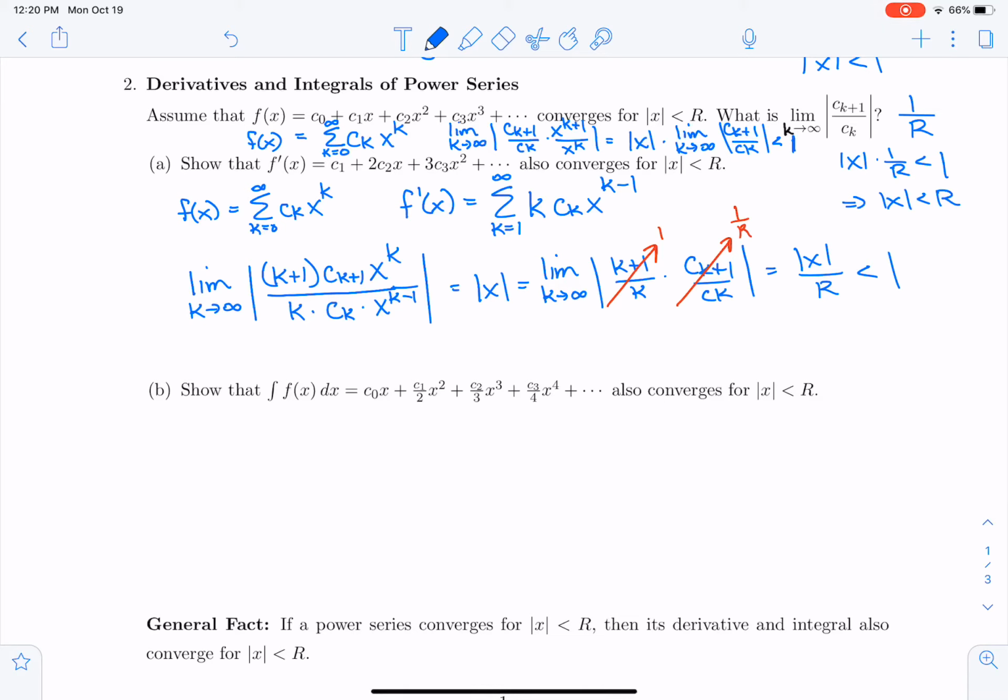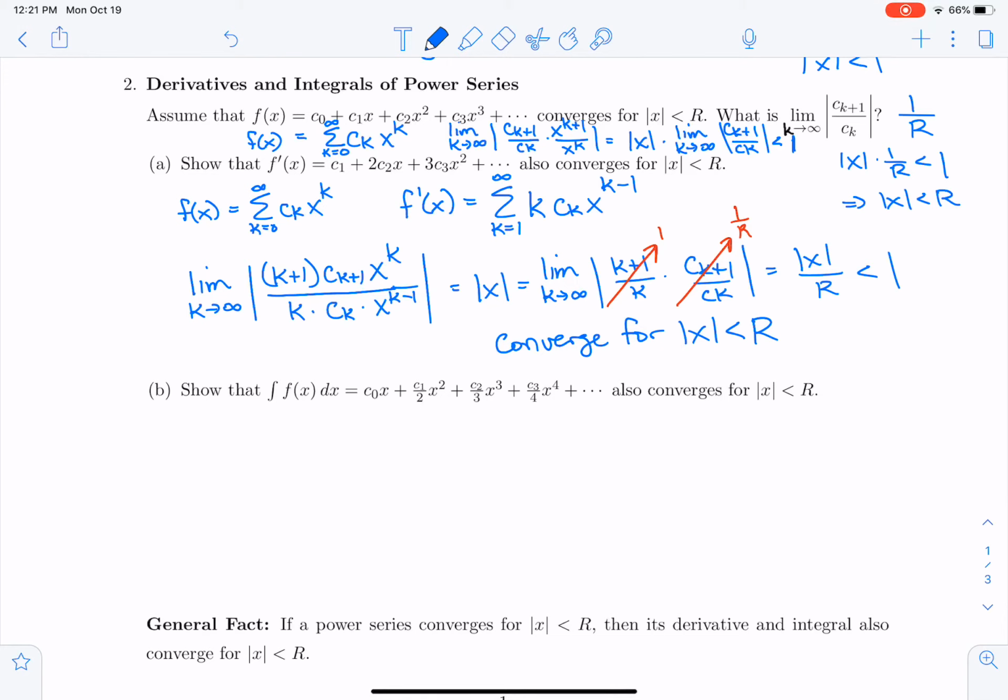That tells me this converges for |x| less than r. And so what we've shown is that if a power series has a radius of convergence r, then its derivative also has a radius of convergence r. That allows us to take the derivative of a power series term by term and show that it also converges with a radius of convergence r.